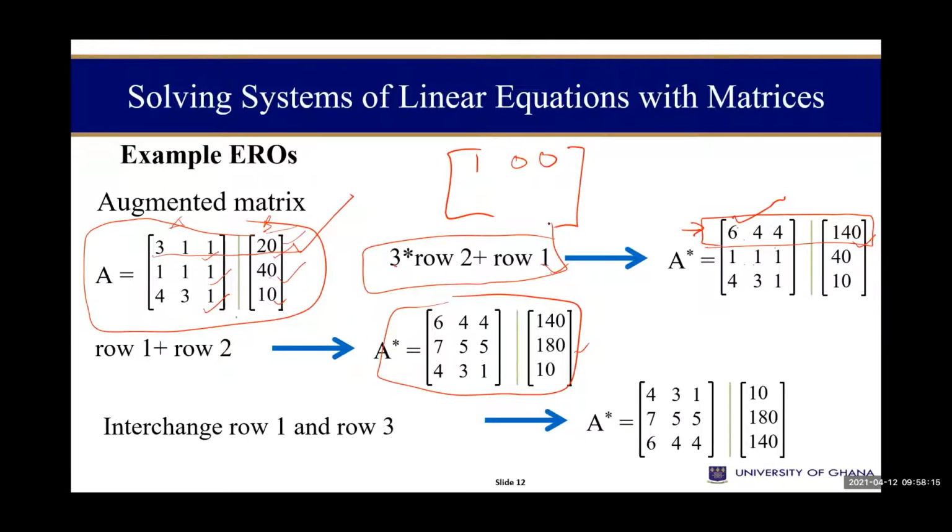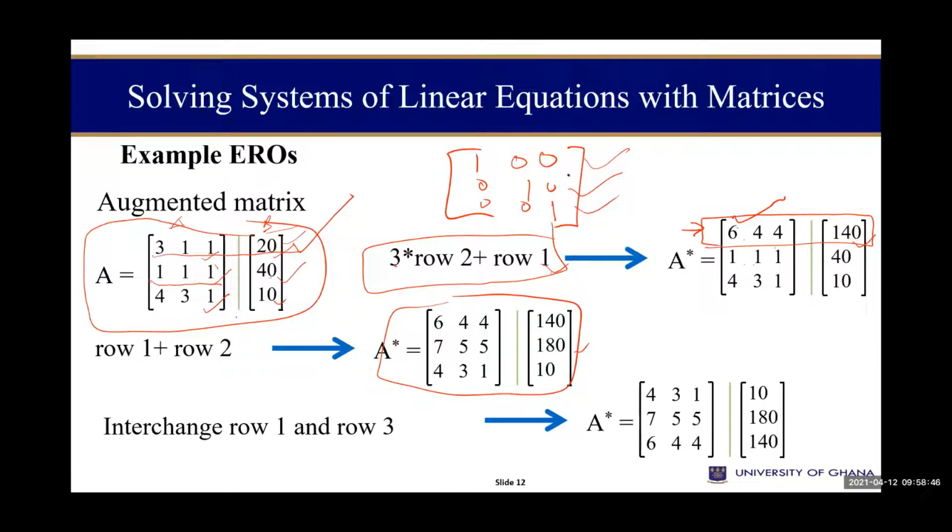What scalar or what operation do we use to also change this row 2 here to 0, 1, 0? And what can we also do to change this row 3 here to 0, 0, 1? So it is not about choosing the scalar, but the information you have in the matrix and what operation to perform to aid in converting the whole of this into the identity matrix form.